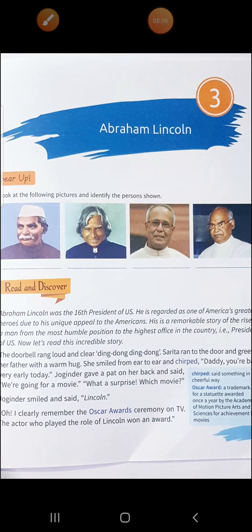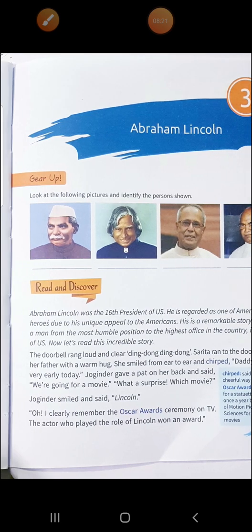So this is a trademark for a statue awarded once in a year. It is given once in a year by the Academy of Motion Pictures Art and Science for achievements done in movies. So the greatest movies, the greatest actors, they all get awarded. All right. So this is an award ceremony.